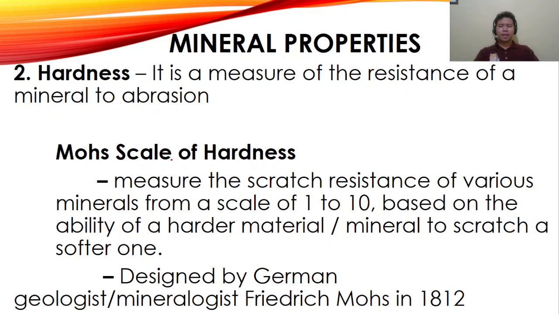Using the Mohs scale of hardness, the hardness of a mineral is measured through scratch resistance or a scratch test, based on the ability of a harder material or mineral to scratch a softer one. This was designed by the German geologist Friedrich Mohs, and it was named after him, the Mohs scale of hardness.